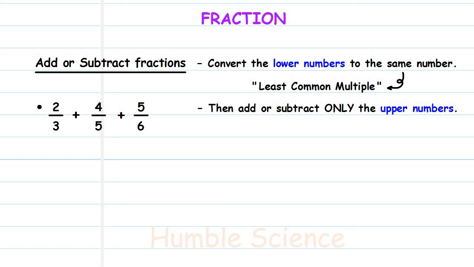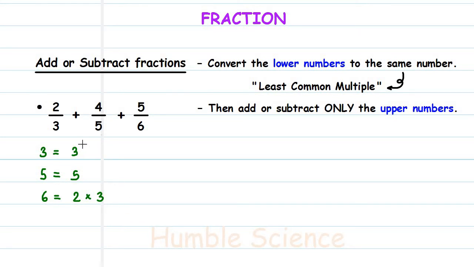First, we will write them down and factor them into prime numbers. For 3, it will be equal to 3. For 5, it will be equal to 5. And for 6, it will be equal to 2 times 3.